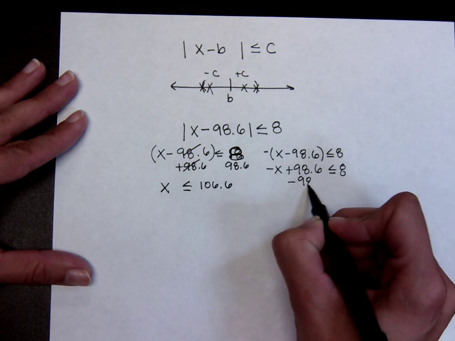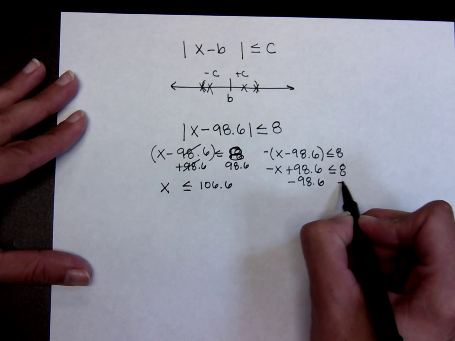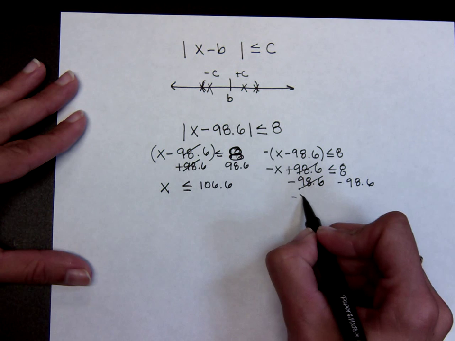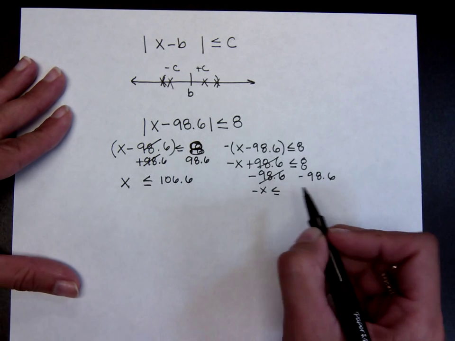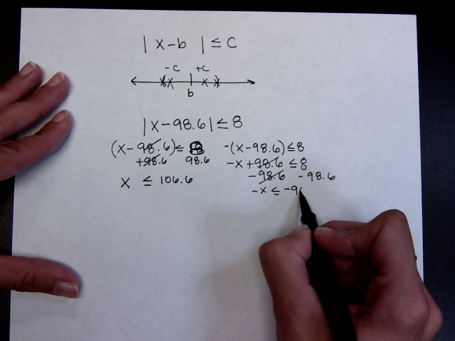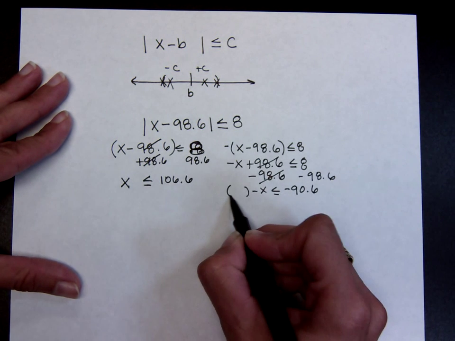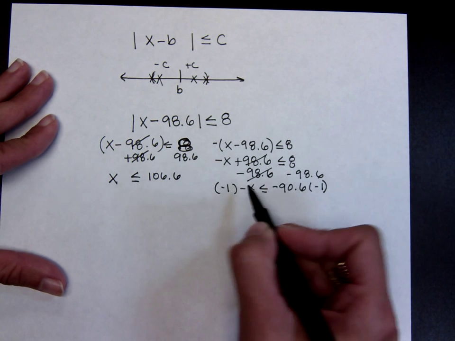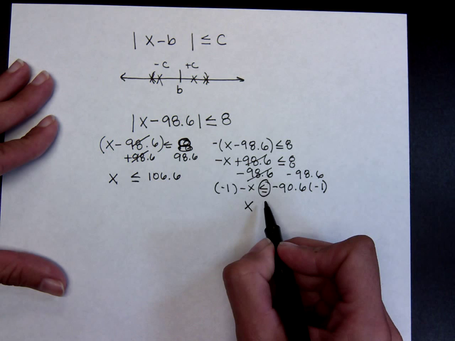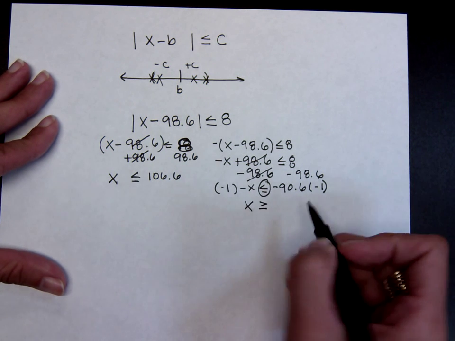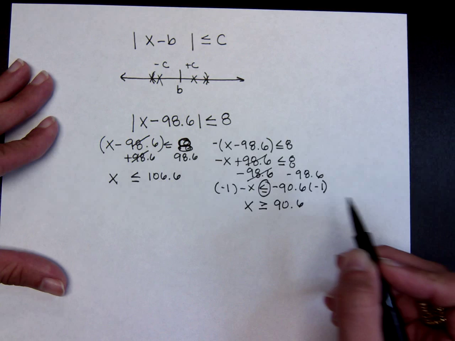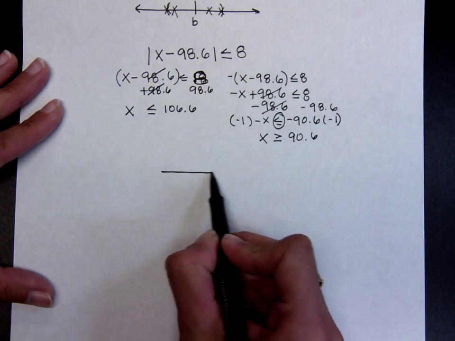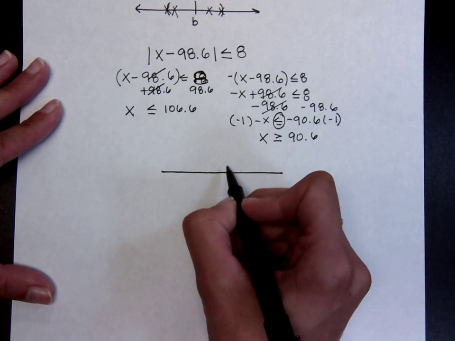Let's subtract 98.6 from both sides, and we're left with negative x is less than or equal to, well, that's negative 90.6. Now let's multiply by a negative 1 to both sides to get rid of this negative. But what happens when you multiply or divide by a negative? Well, you've got to flip the sign.